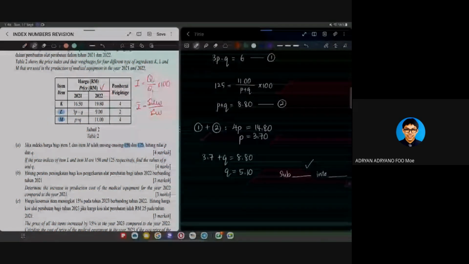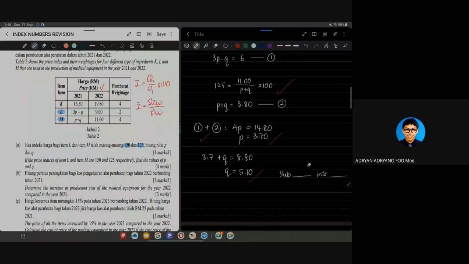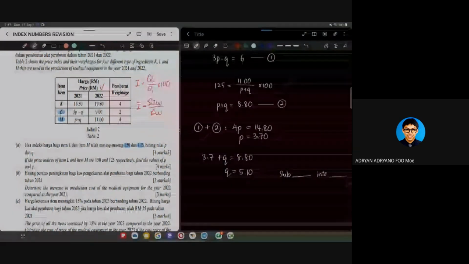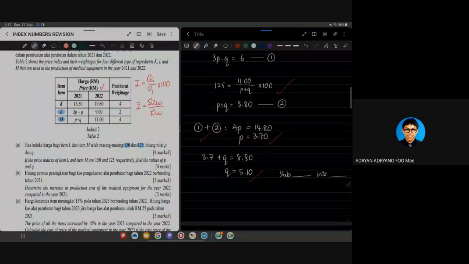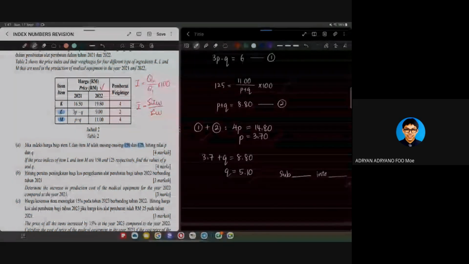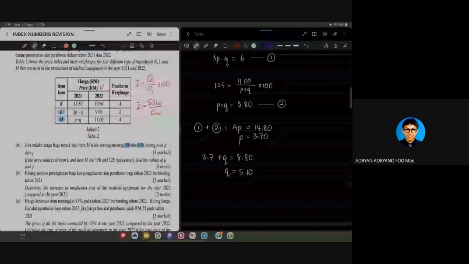But when you use substitution, I must see this word, what you substitute into what, then you can get K1. Okay? Because if you don't write what you substitute into what, I will assume I don't know what you are doing, and I can't give you marks. That's it. So these are the things you must pay attention to. Okay, I hope I answered your question.